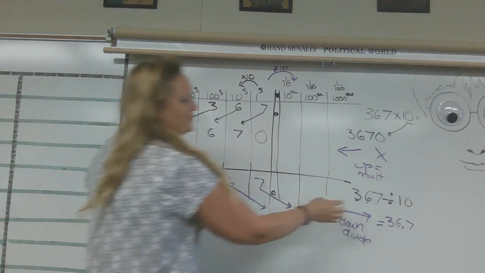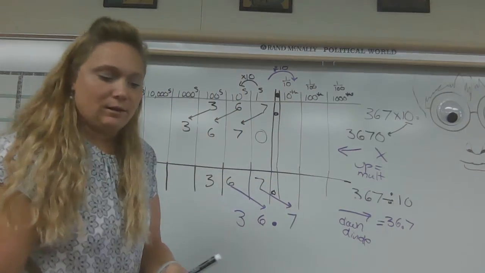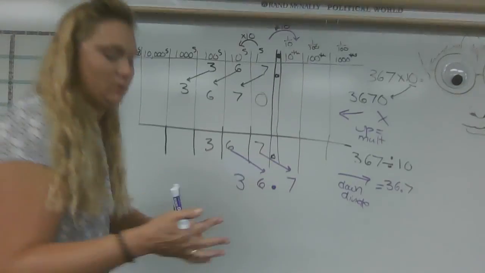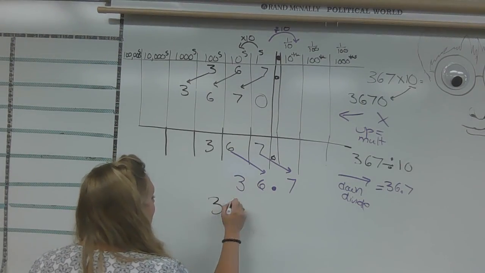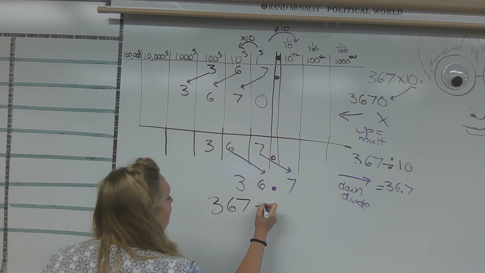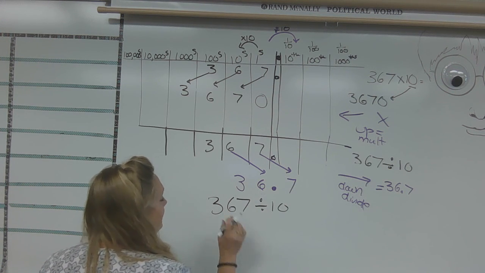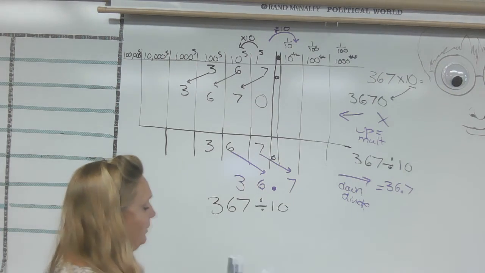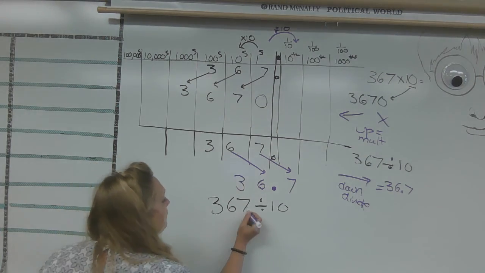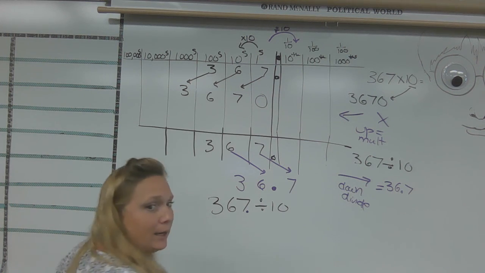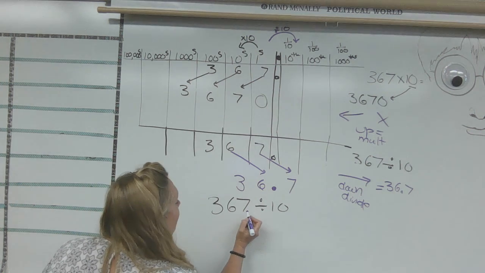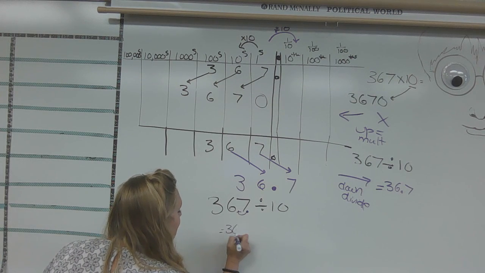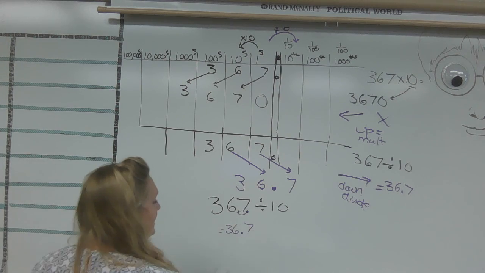What I need you to see is that there's another way to look at this. If my number is 367 and I'm dividing it by 10, so that means I need this whole number to get 10 times smaller, right? If I need this whole number to get 10 times smaller, and I know that right now there's a decimal point right here, then I'm actually moving the decimal point to right here to get 10 times smaller.